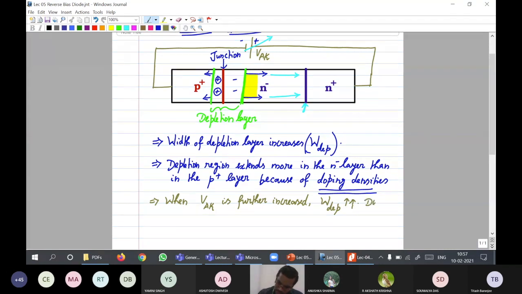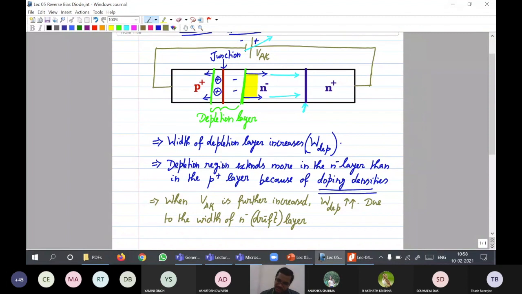Now, the n minus layer is called the drift layer. That is a key point. I'll keep repeating this.